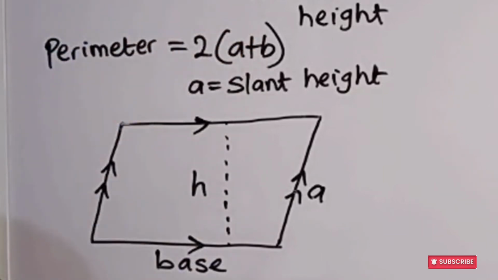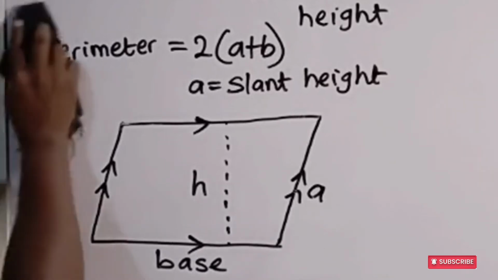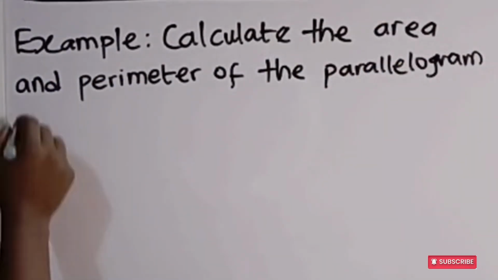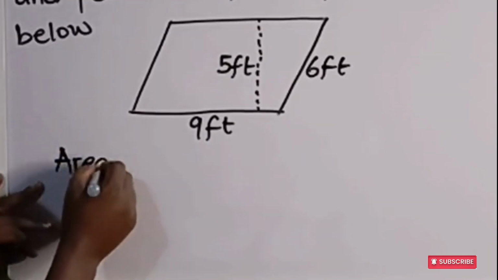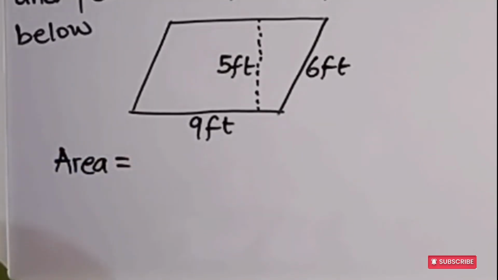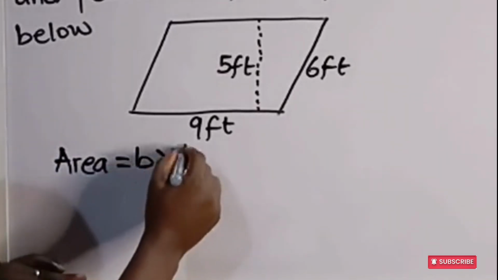Now we're going to look at some examples. Here we are told to calculate the area and the perimeter of this parallelogram. First, let's calculate the area. The formula for the area of a parallelogram is the base multiplied by the height.